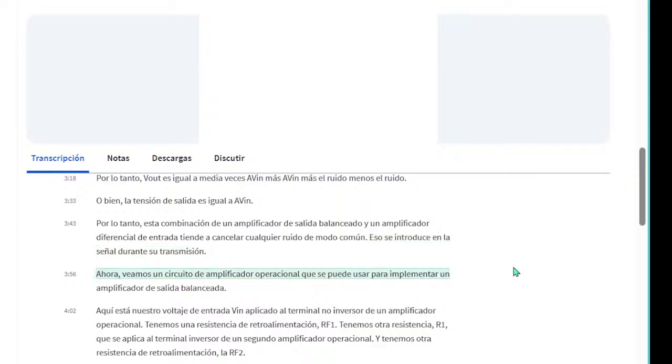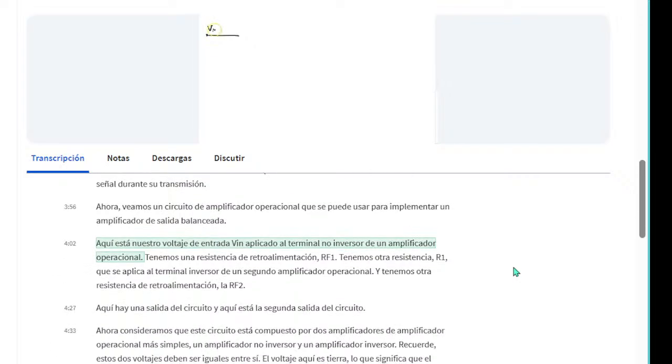Now let's look at an op-amp circuit that can be used to implement a balanced output amplifier. Here is our input voltage, Vn. It's applied to the non-inverting terminal of an op-amp. We have a feedback resistor, Rf1. We have another resistor, R1, that's applied to the inverting terminal of a second op-amp, and we have another feedback resistor, Rf2.